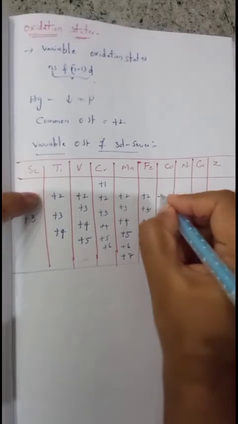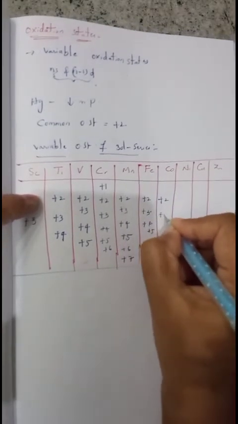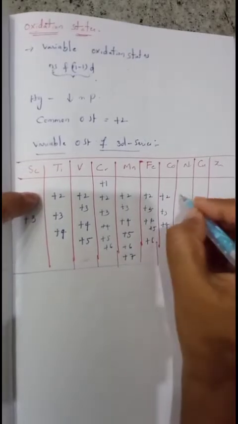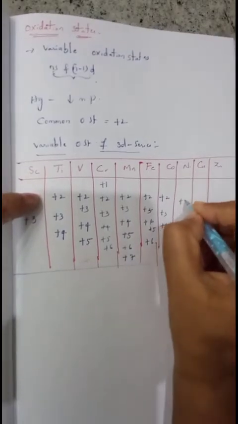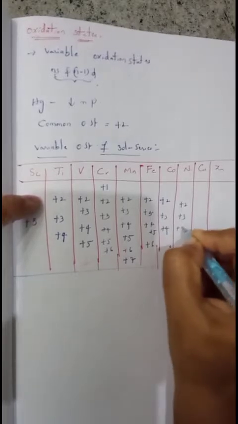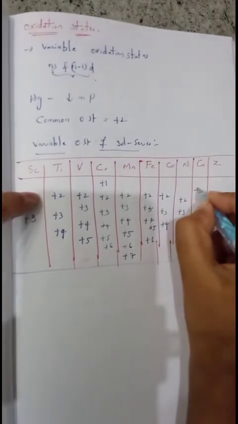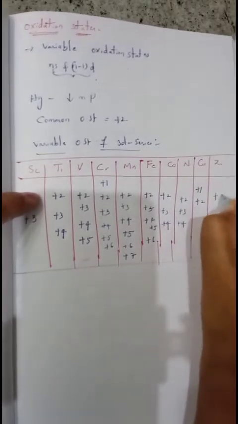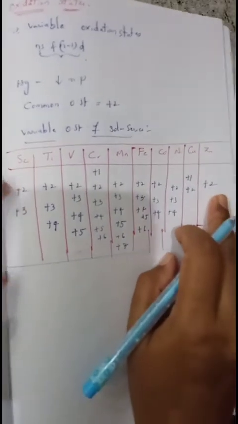Cobalt can show +2 to +4. Nickel can show oxidation states from +2 to +4. Copper can show only two oxidation states, +1 and +2. Zinc shows only one oxidation state, +2.